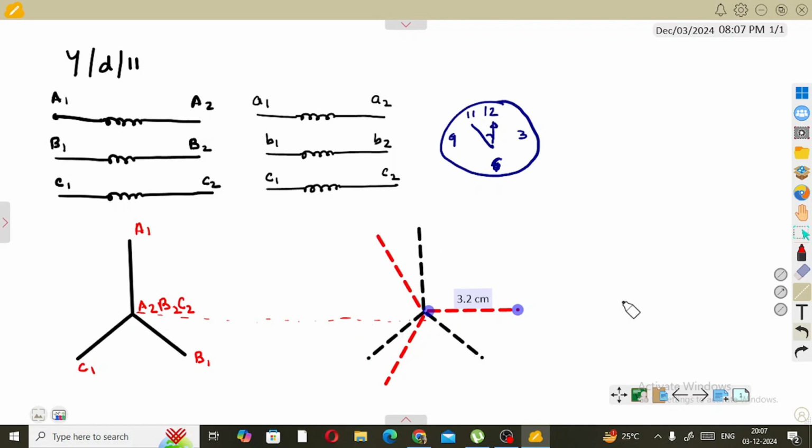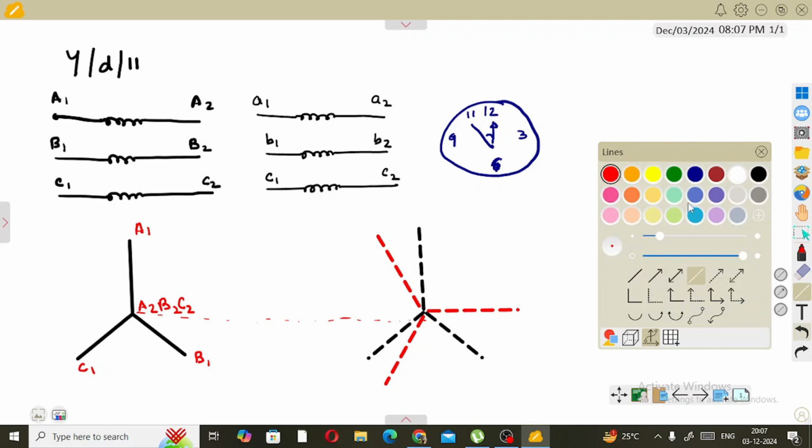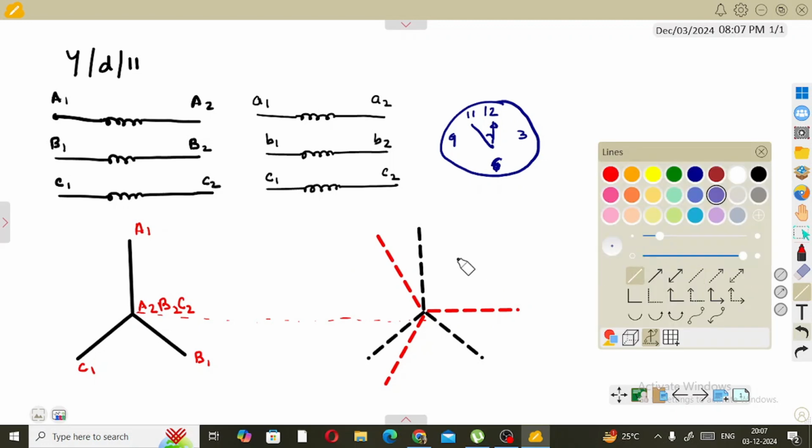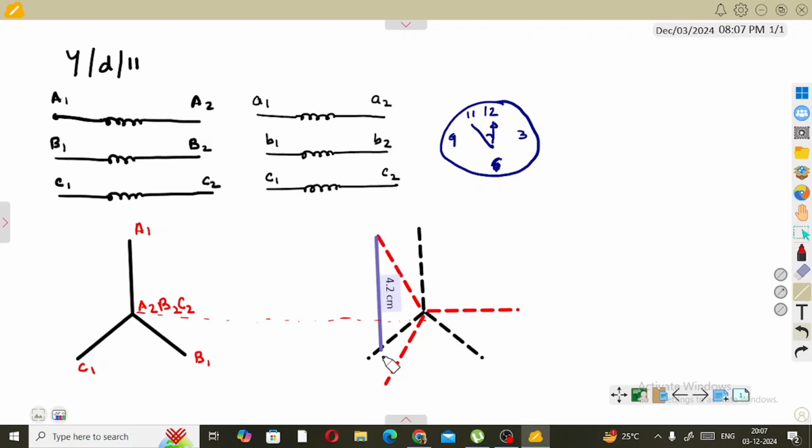And now I have to complete my delta. To complete the delta, I will make a straight line from here to here. That gives me the first of my kind, that is my A1, and this is my A2, similar to this one. Then I have to connect this one and this one here, which is similar to C1 and C2.